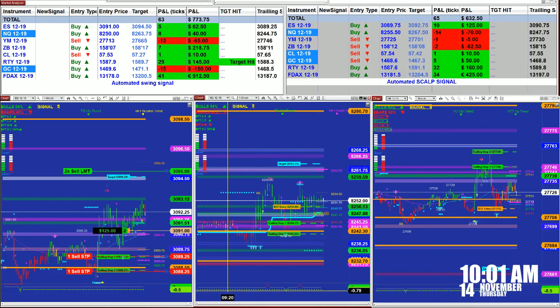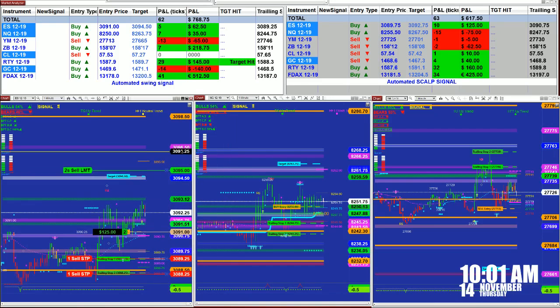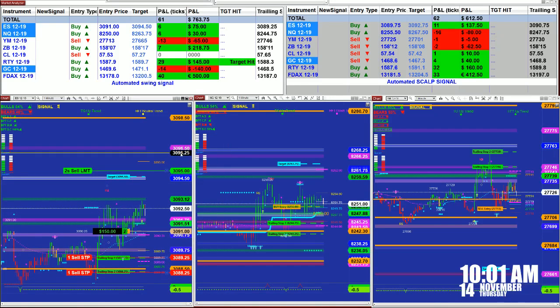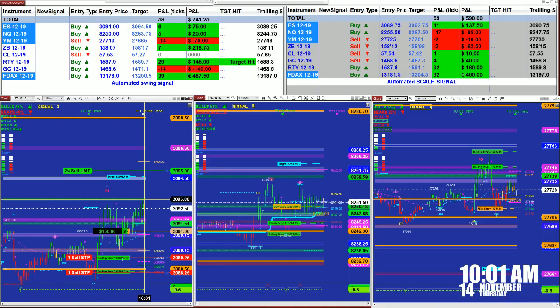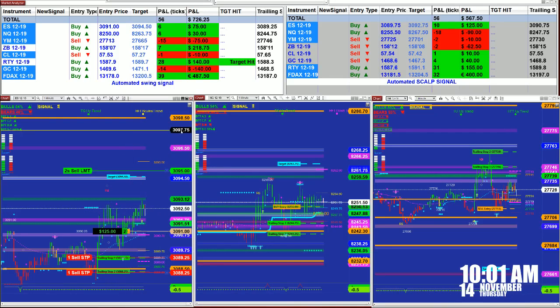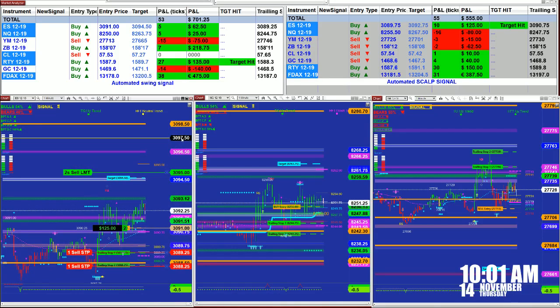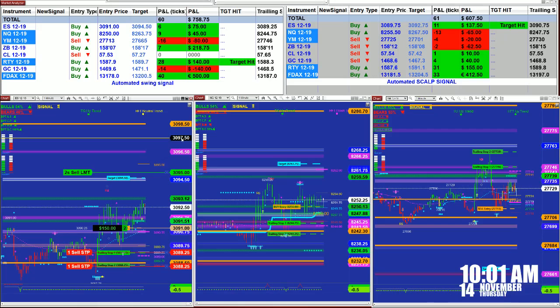It's a little bit tight today. And you can see, again, this is the projection. Perfect, 3093. You can see how this market reacts to the fibs, or the fibs reacting to the market, a better way to put it.